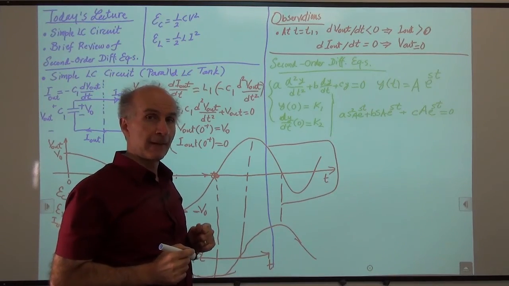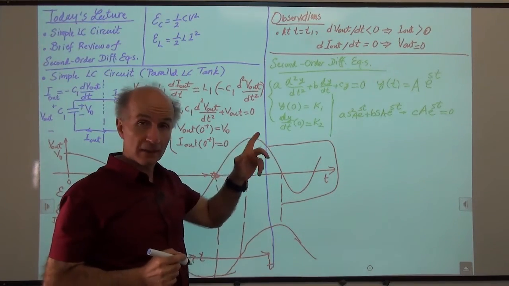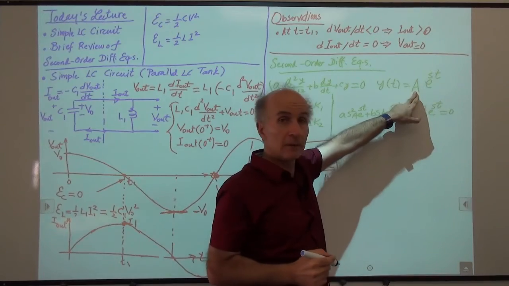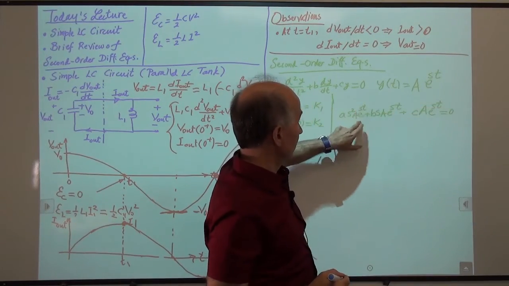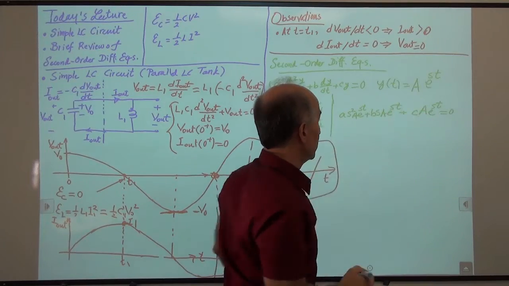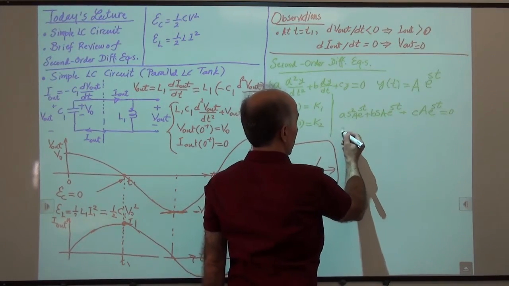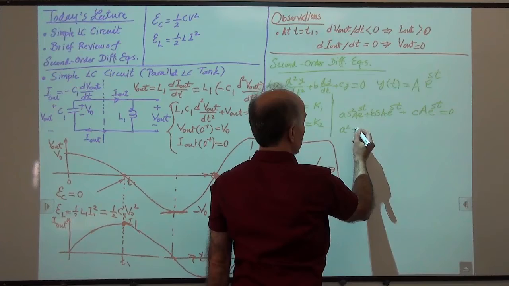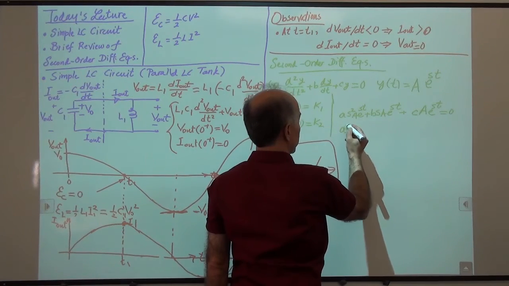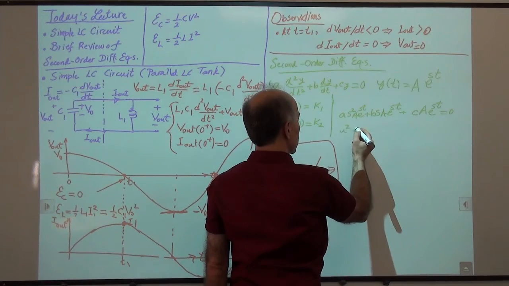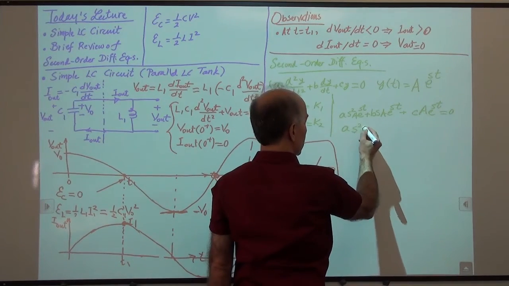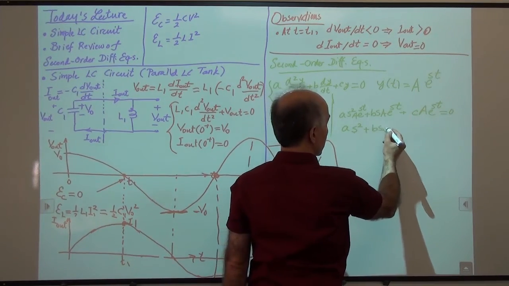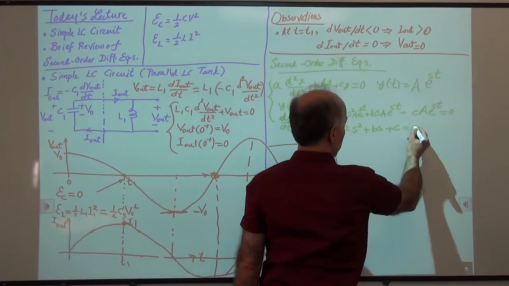Okay? All right, now we know that capital A is not 0, and we know that e to the st is not 0, so those cancel out here, and what remains is this. We have a s squared plus bs plus c is equal to 0.